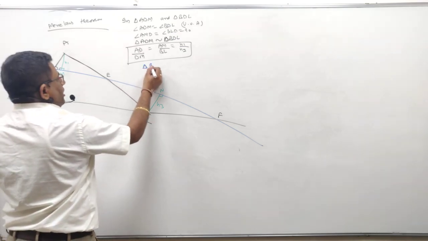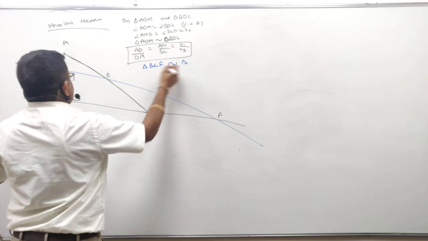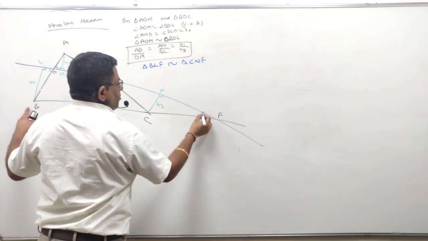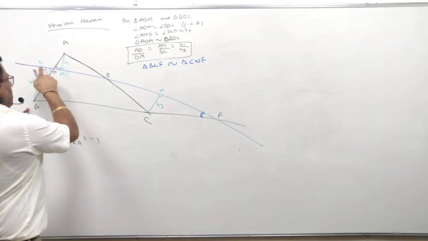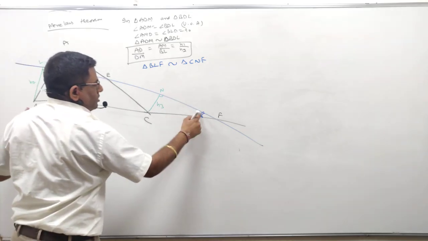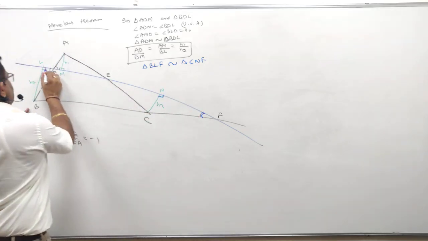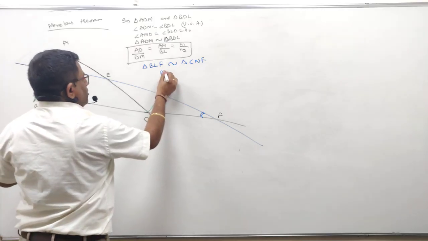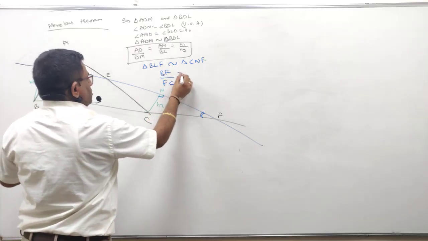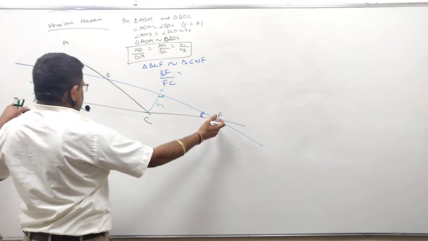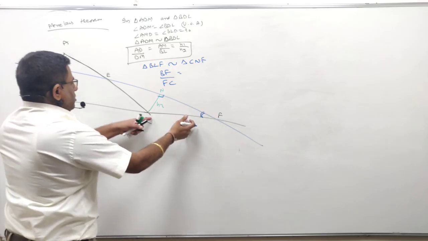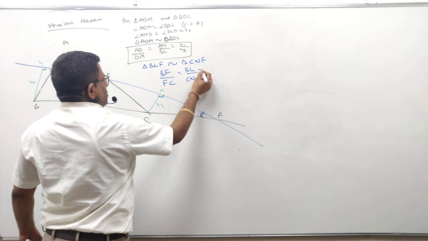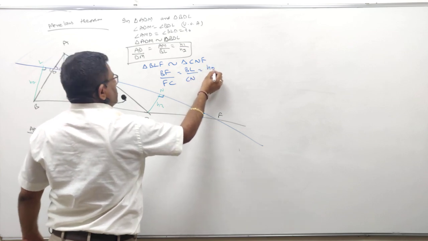Similarly, triangle BLF is similar to triangle CNF, as this angle is common in both and this is 90, this is 90. So we get BF upon FC becomes the ratio of altitudes BL upon CN, that is H2 by H3.